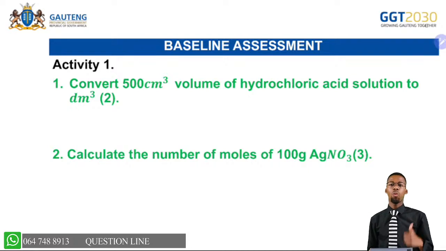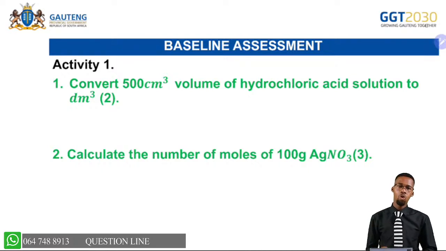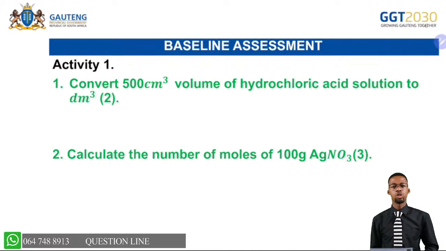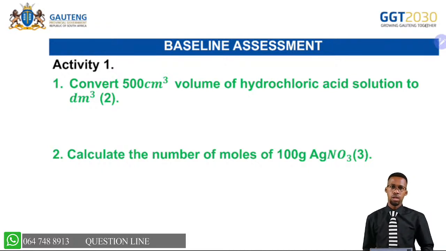The first one is that you need to be in a position as a grade 10 learner to convert. So it is very important to know how to convert. Number two, you should be in a position to calculate number of moles. This is your prior knowledge. This is what you already know.